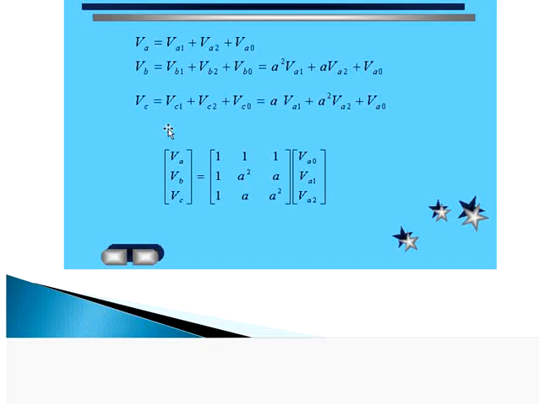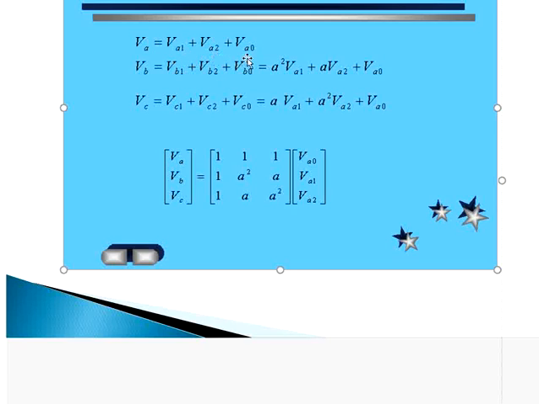Now see, I have represented this in matrix form. My LHS is VA, VB, VC. These are my phase voltages. Now I will represent VA1, VA2, VA0. I have rewritten this as VA0 plus VA1 plus VA2. This also, VB0 plus VB1, VB2, and here also VC0 plus VC1, VC2.